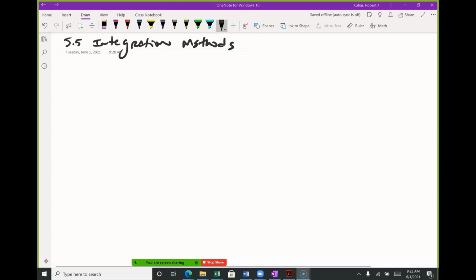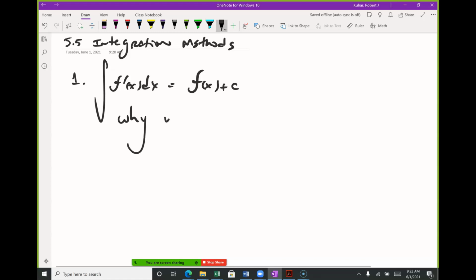So for our integration methods, our first one is that it's a known integral. The integral of f prime of x dx is f of x plus c, where y equals f of x plus c implies y prime equals f prime of x.